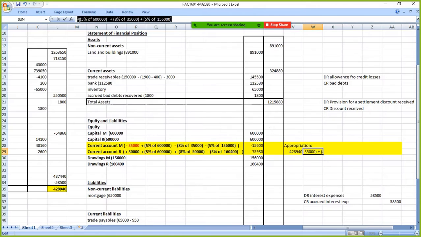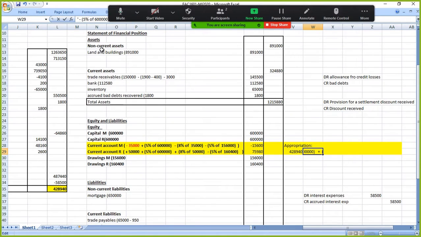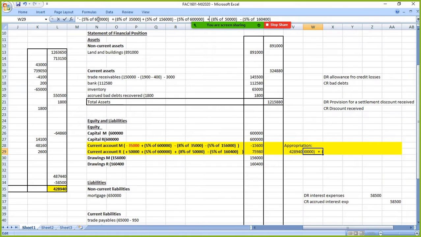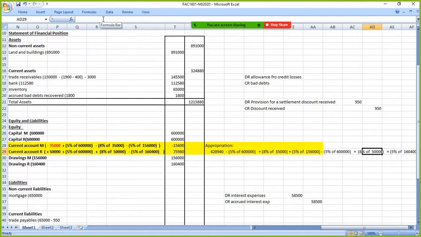There we go. Okay, and then you'll do the same for this. It's going to be a minus for that, a plus for this, a plus. Okay, I'm going to have to scroll. Plus. Okay, perfect. So that's going to take care of the appropriation.